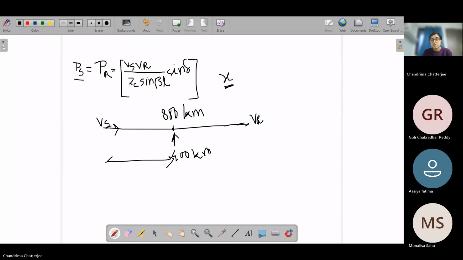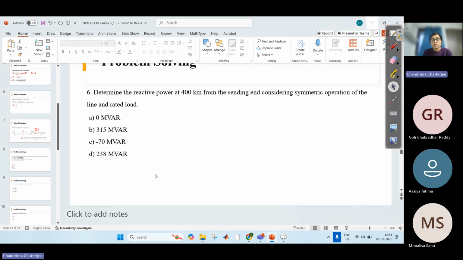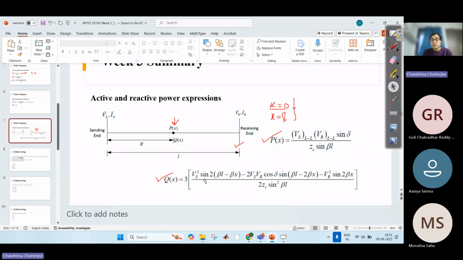In the expression of Qx, if you replace x by L by 2, because this is the midpoint, you will get Qx equal to 0.